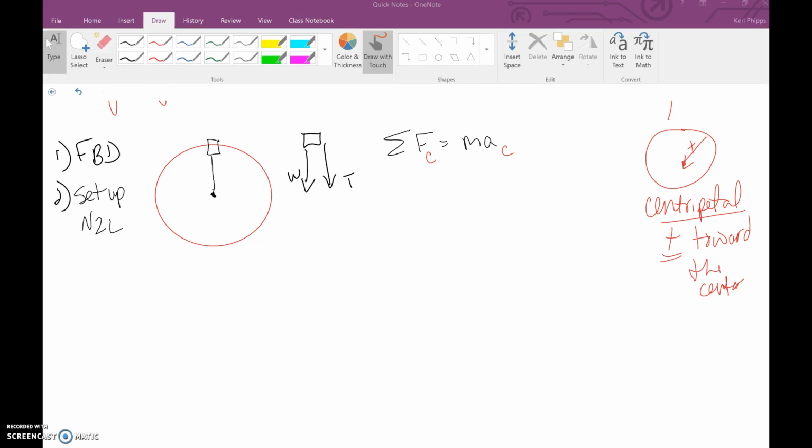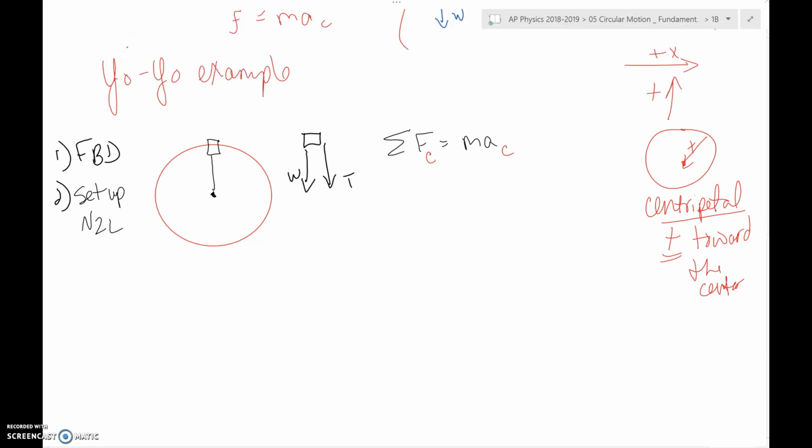So in that case, when we put this together, our weight and our tension are going the same way, so we're going to be adding them because they're both going to the center. They're both positive. So weight plus tension will be equal to mass times the centripetal acceleration. So when we ask you what's the centripetal force, the centripetal force is a combination of the weight and the tension.